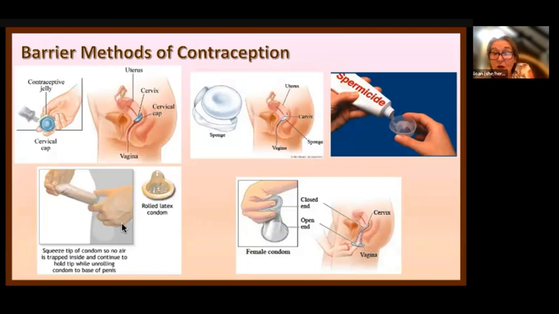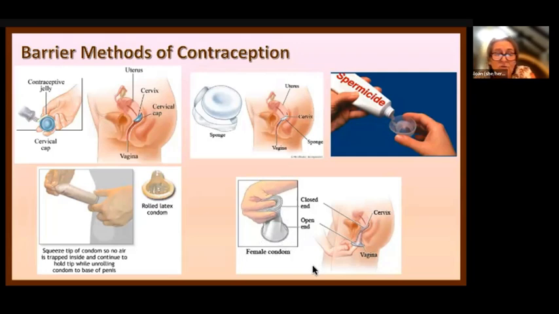Then, of course, we all know about barrier methods. This is our typical latex condom, and you can get condoms that are not made of latex for people who are sensitive to latex. As this shows, it is rolled onto the penis, pinching the end of the condom so that there's a reservoir for the semen. There's also a female condom, which is more expensive here anyway.